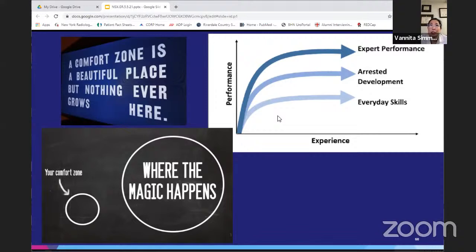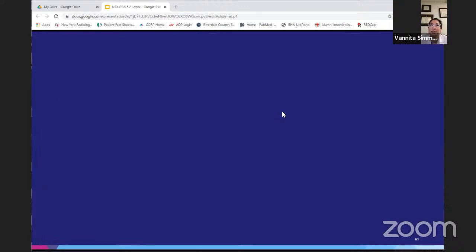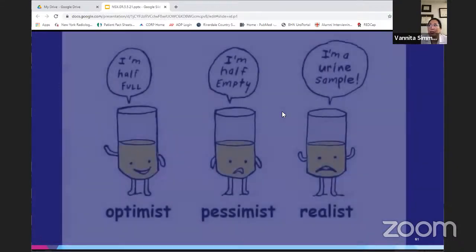You can stay doing your everyday skills, or you can push yourself out of your comfort zone and become more of an expert in what you do, whether it be in neurosurgery, education, or urology. We want to push our learners out of their comfort zone as well. It's our duty as educators to help them get where they need to be, which is outstanding physicians and surgeons.